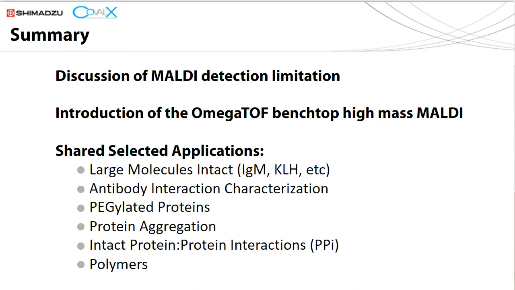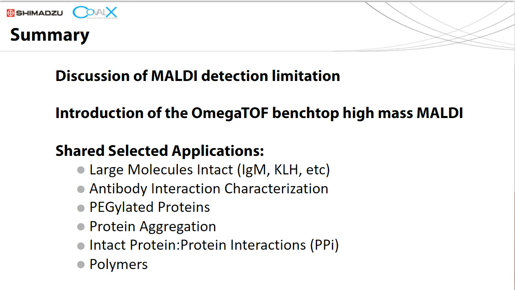In summary, we started first with a basic discussion of MALDI, some of the principles of MALDI time of flight analysis, some of the limitations for MALDI detection of very large molecules, specifically sensitivity and saturation were discussed.